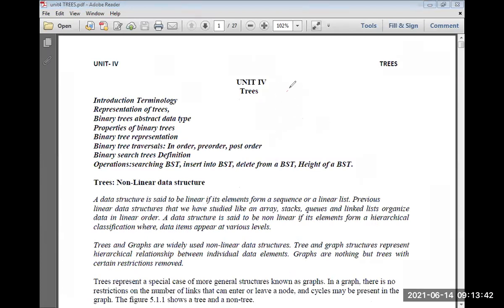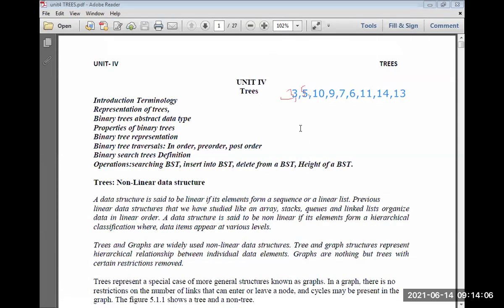So for example, we are considering this one: 3, 5, 10, 9, 7, 6, 11, 14, 13.